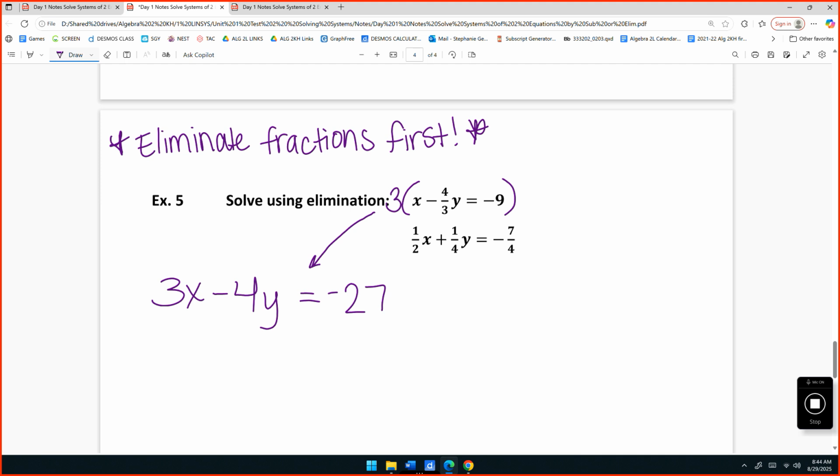Now, what's going on in the second equation? I have 2 different denominators. Any ideas what we'd multiply there? 4, yeah. If you have multiple fractions, you multiply by the common denominator.